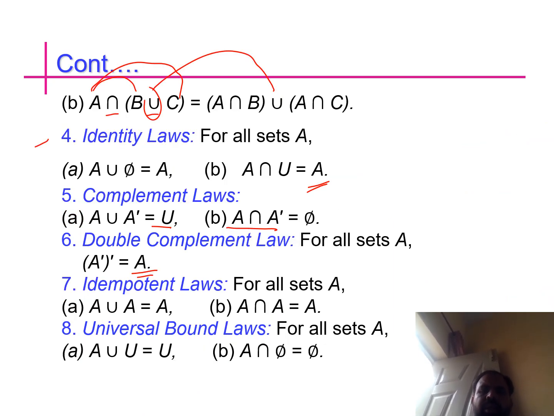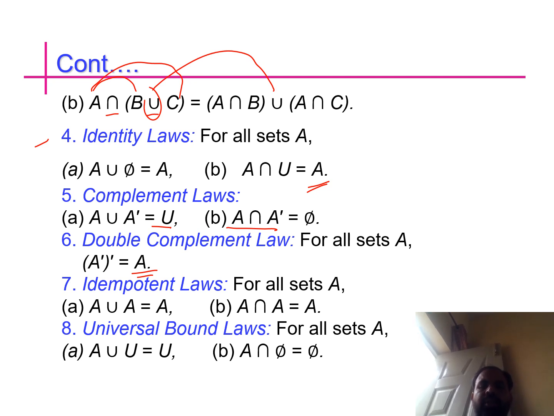And the second part of the distributive laws: A intersection (B union C) is equal to (A intersection B) union (A intersection C).